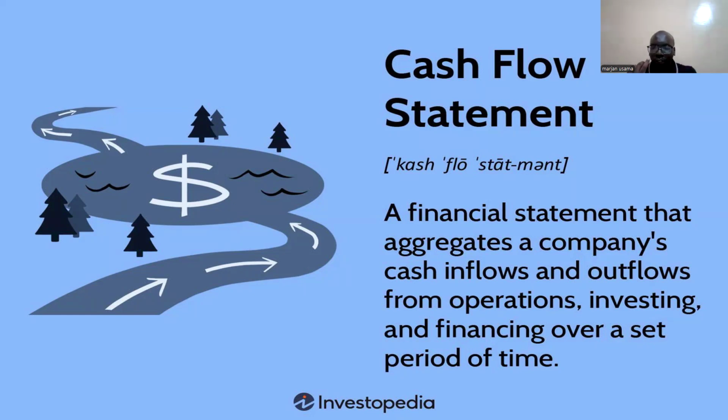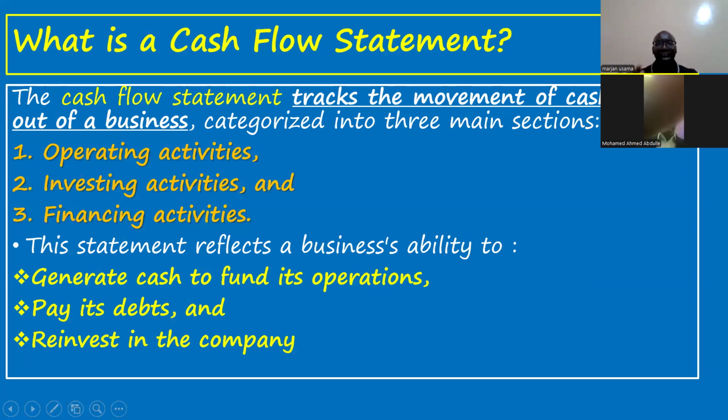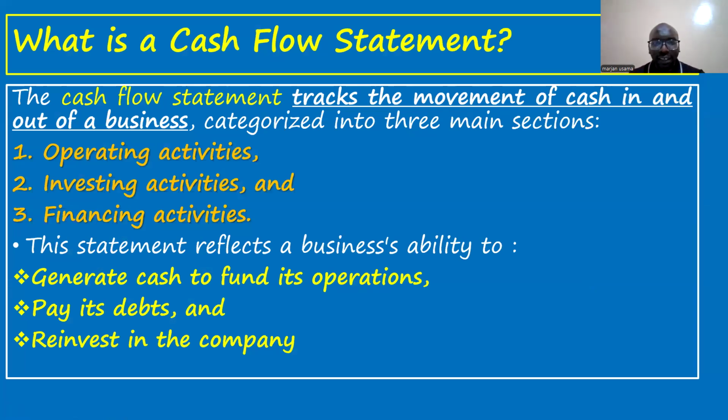So we have the operations. What are the monies from operations? What is the money in investment? Then what is the money in financing? Those 3 areas. So the cash flow statement tracks the movement of cash in and out of a business, categorized into 3 main sections.